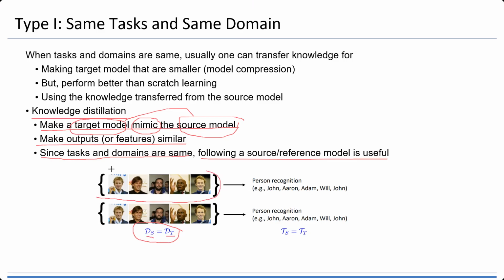We have a set of images, let's say this is the domain of the source, and we have another set of images, this is the domain of the target. And then we have the task, which is person recognition. I want to know who is the person, and for the target, I also want to know who is the person.